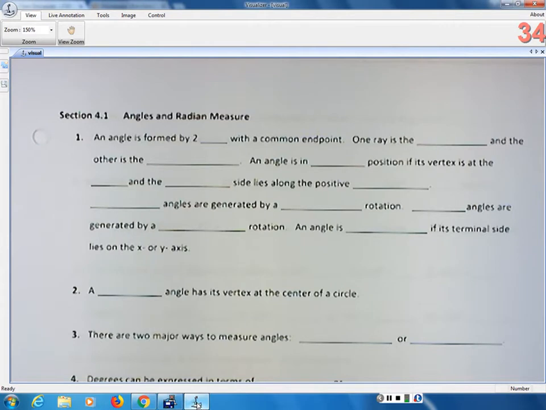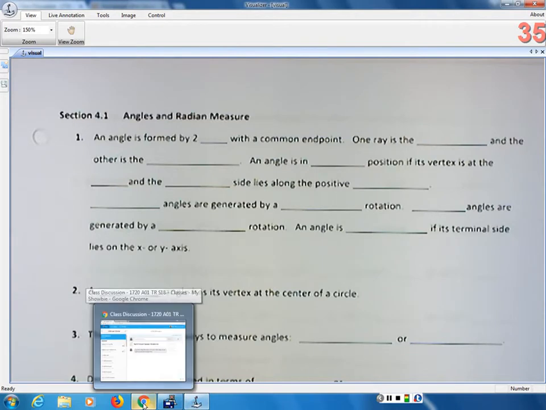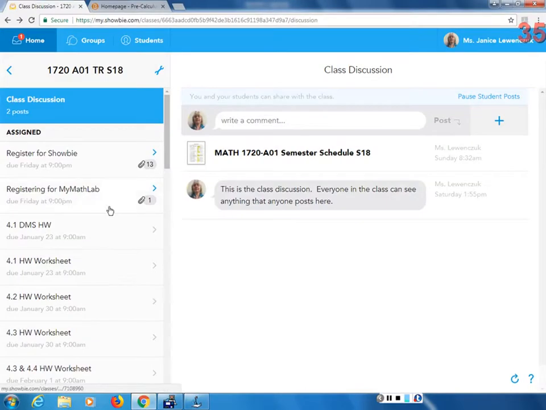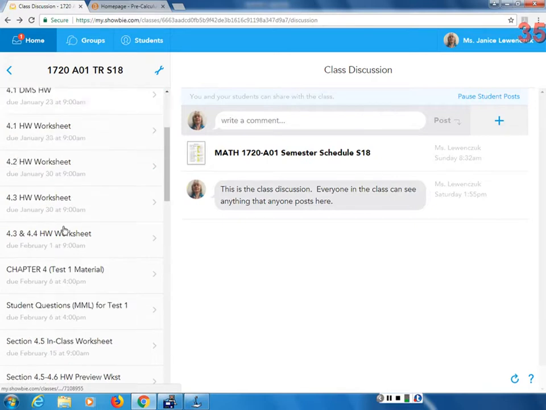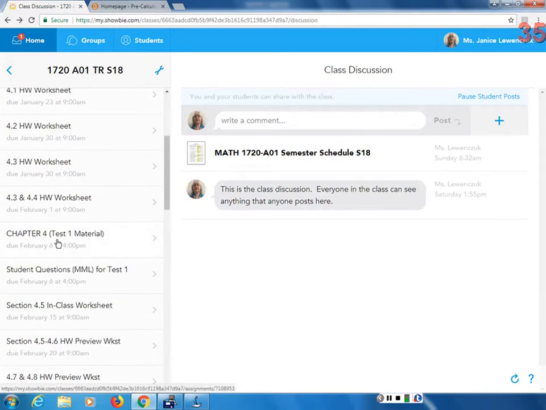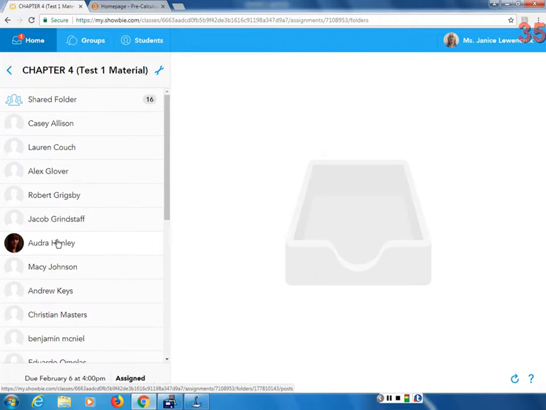4-1, okay. So this is trigonometry. I also posted these in Shobi. If you go to your test 1 material, this will probably help you too. I'll probably bring this up and download this too.